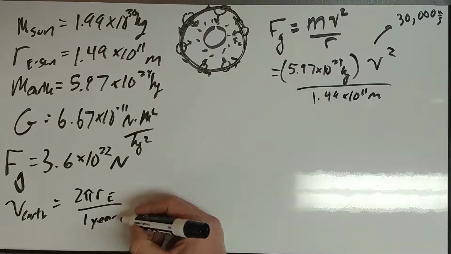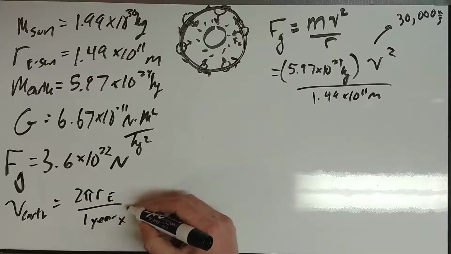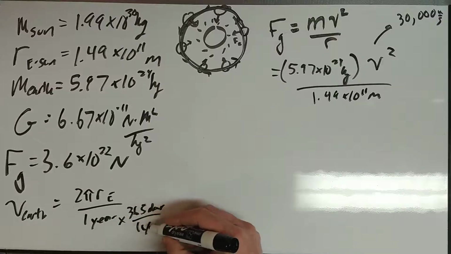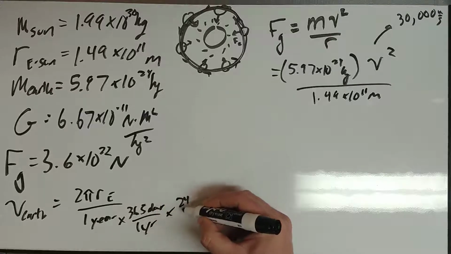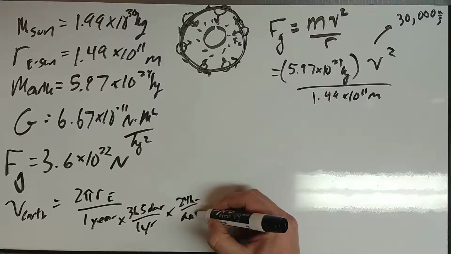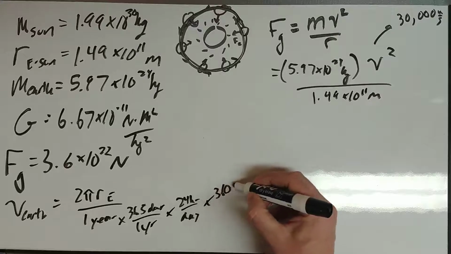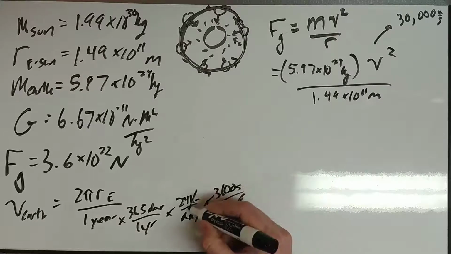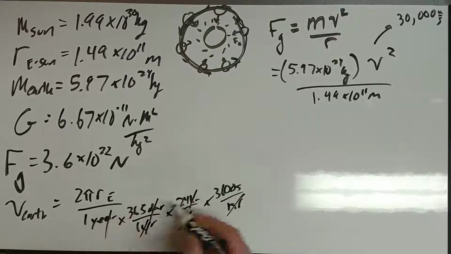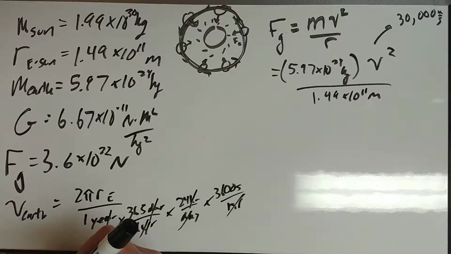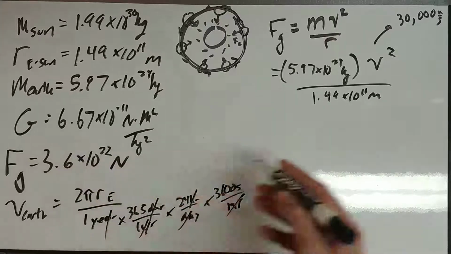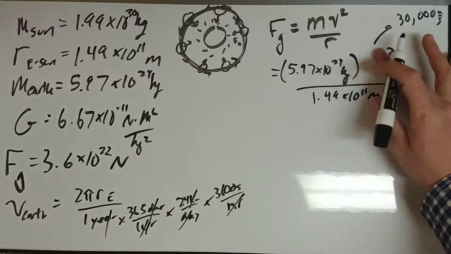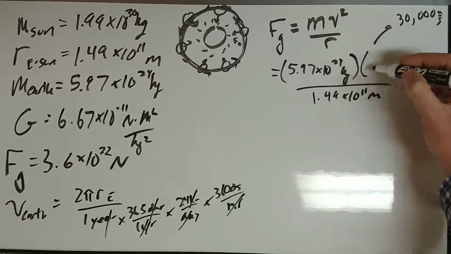The bottom, 1 year, you got to convert to seconds, times 365 days per year, times 24 hours per day, times 3,600 seconds per hour. Cancels, and that gets you down to seconds, which I just plugged the whole thing into my calculator and got that 30,000. So we can go ahead and put in 30,000 there.